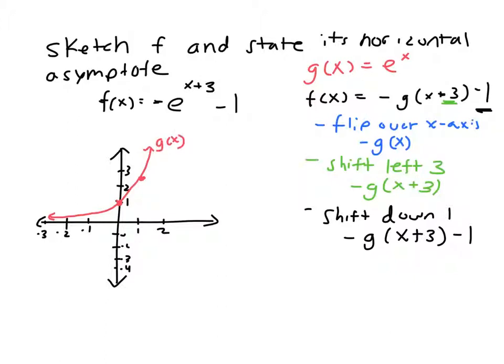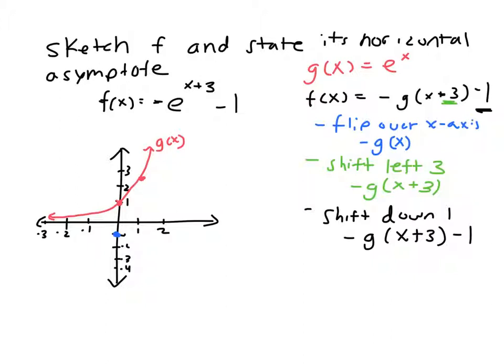Now I'm going to do the flip over the x-axis. So instead of this first point being 0, comma 1, it's going to be 0, comma negative 1. I'm flipping it over the x-axis, and instead of this point being 1, comma 2.7 something, it's going to be 1, comma negative 2 point something.